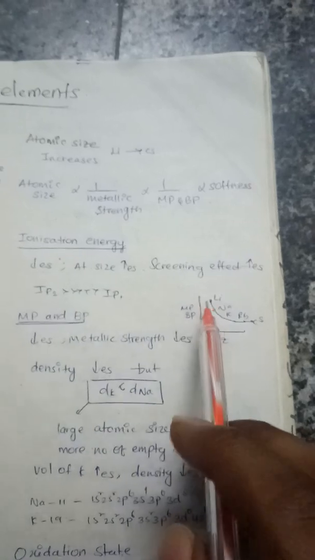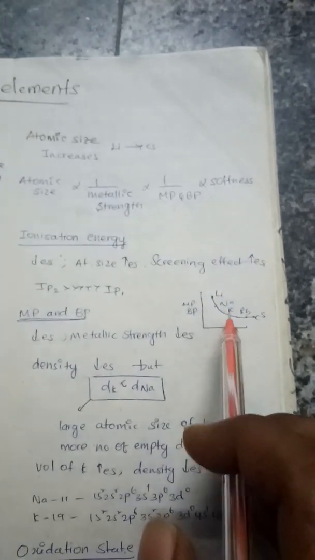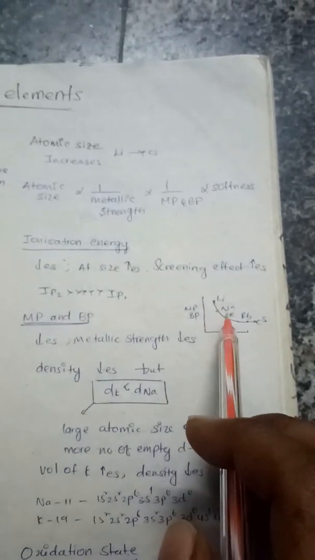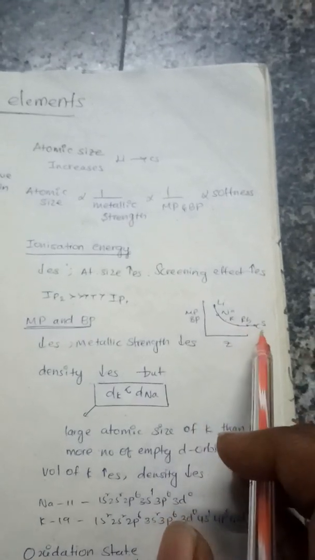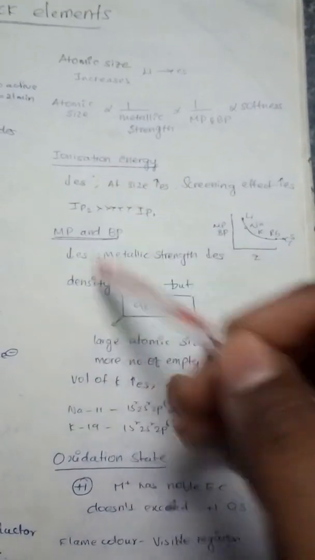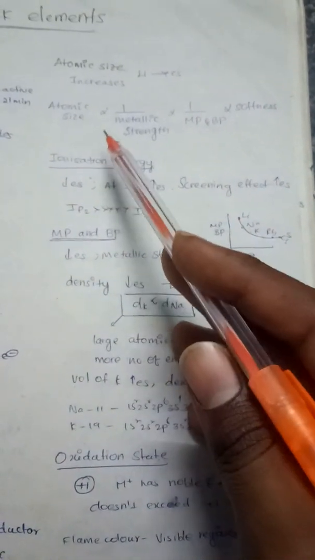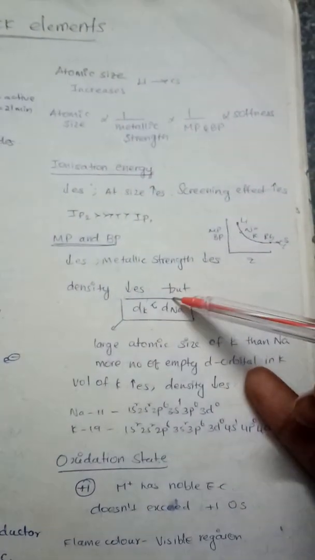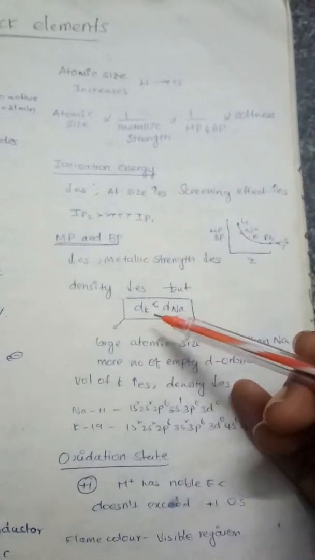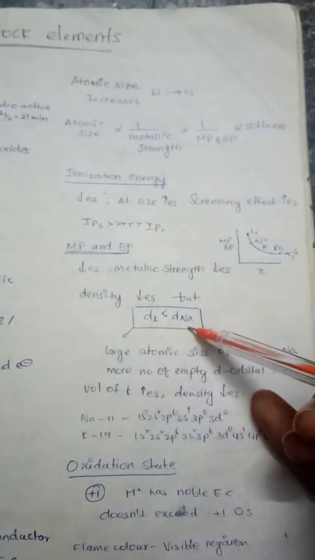Therefore, it can be represented in graphical form in this way: lithium, sodium, potassium, rubidium, and cesium. Next, density. As the atomic size increases from top to bottom, density decreases, but the density of potassium is less than the density of sodium.